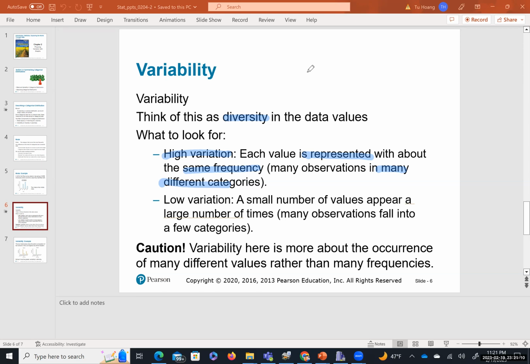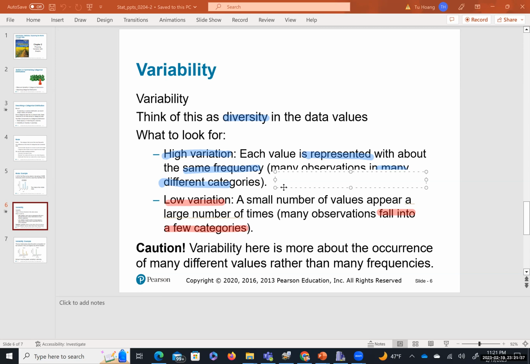What else? For the low variance, a small number of values appear a large number of times. So many observations fall into a few categories. Let's state one more thing.